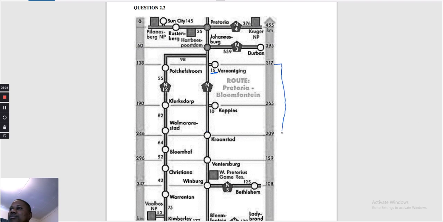because the distance is from here to here, we're going to say 317 minus 209 to check the distance in between. 317 minus 209 is 108. But remember, that is not the real distance. That is only the distance on the N1. Kronstadt is exactly on the N1 there, so we must add 15 kilometers here.